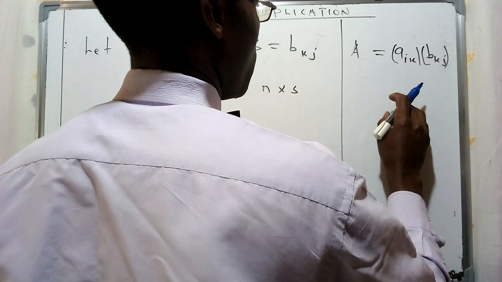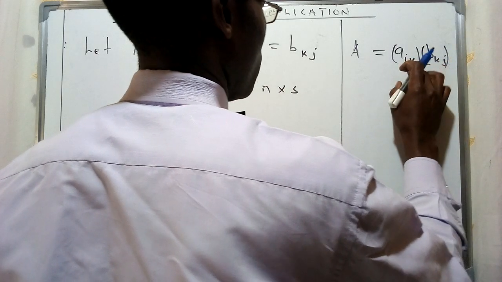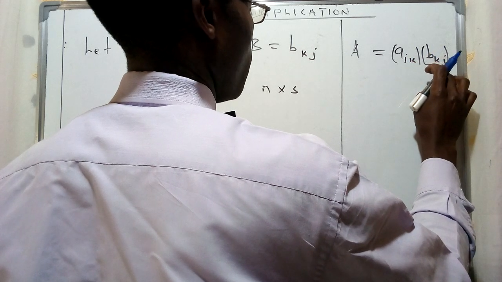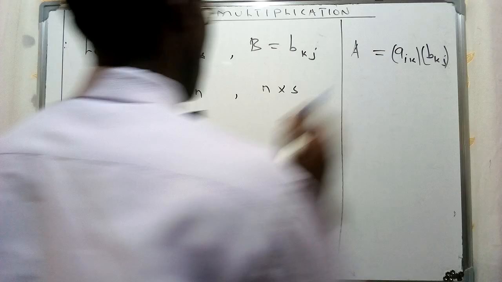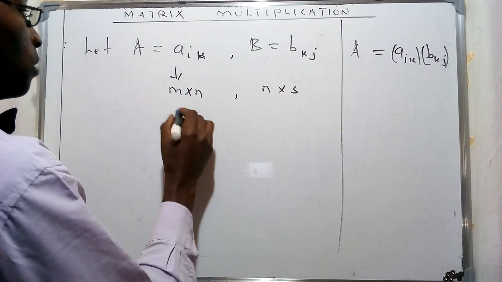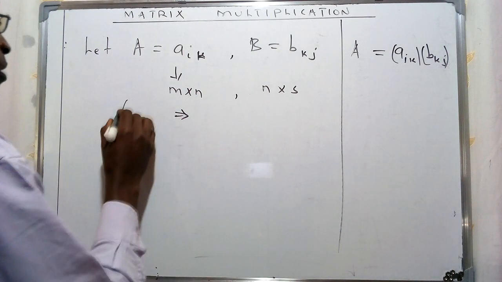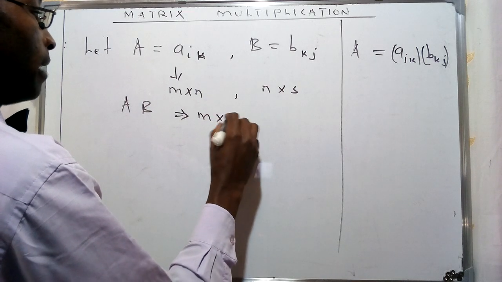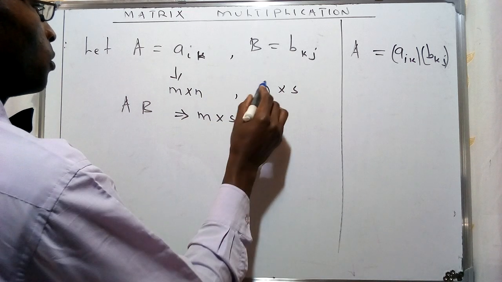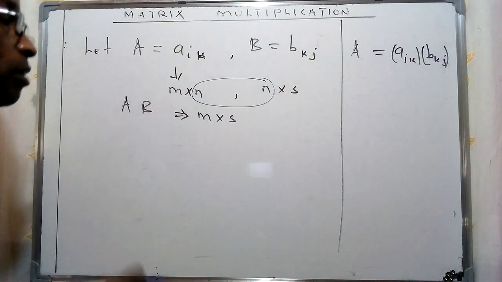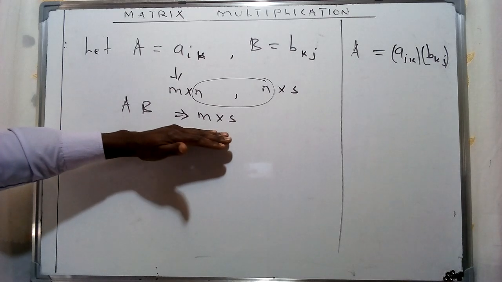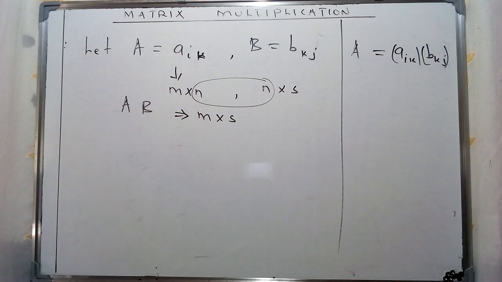But as we are going to see, we are going to have a k and k. So this is going to be the k for the column of A and the k for the elements of the rows of B. And therefore, the combination of the two are going to give us a product which is going to be given in terms of AB, which is going to be an m by s kind of matrix. So we're going to see that the elements which are going to have that specific connection are going to be multiplied and give us a product of this specific case.